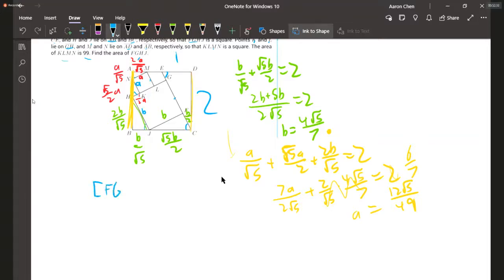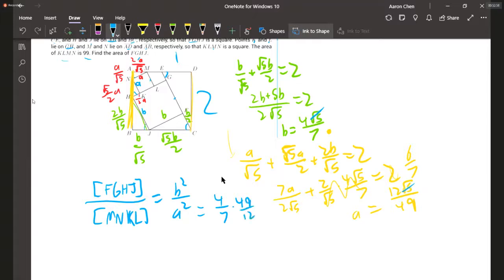So FGHJ to MNKL is simply equal to b squared over a squared. And then we already found the values of b and a. So we can take out the root 5 immediately. So this is 4/7 times 49 over 12 squared, which is 49 over 9.